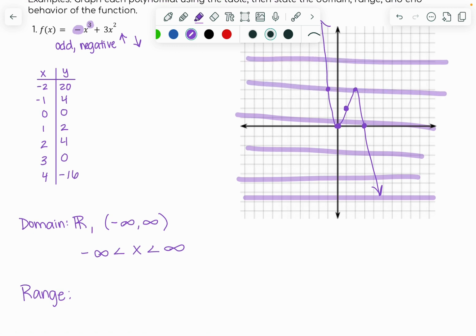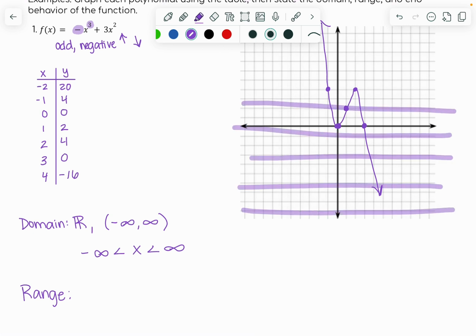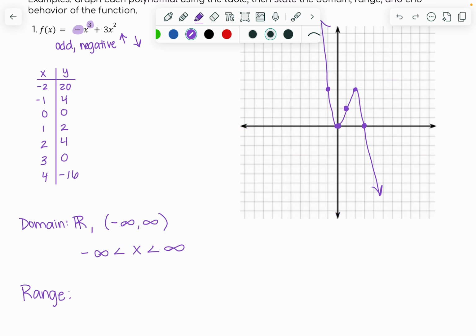And as long as the graph is only touching at one point at a time, then we're going to have a function. And that's going to be what we're looking for here. So I can go from the bottom all the way to the top, and it's going to touch that line. That means that this function also is all real numbers for the range.